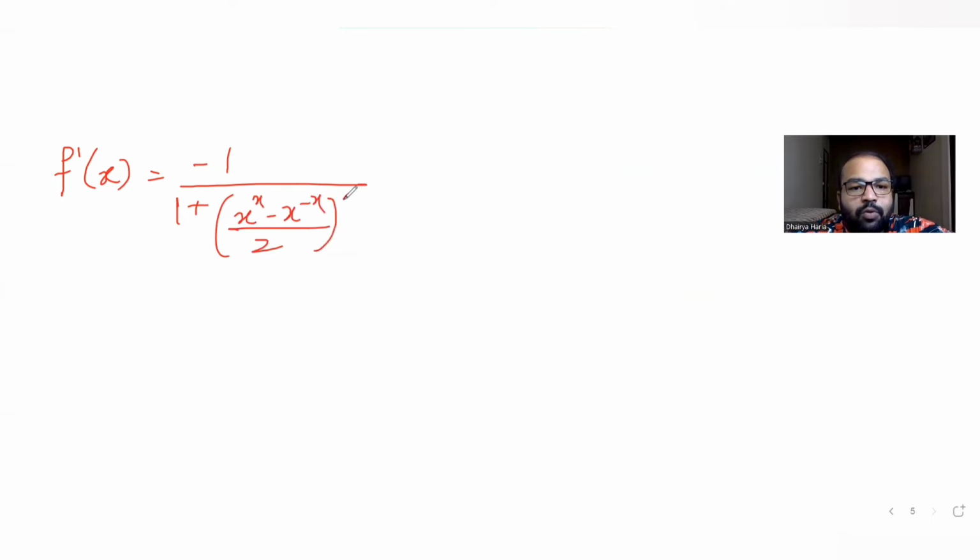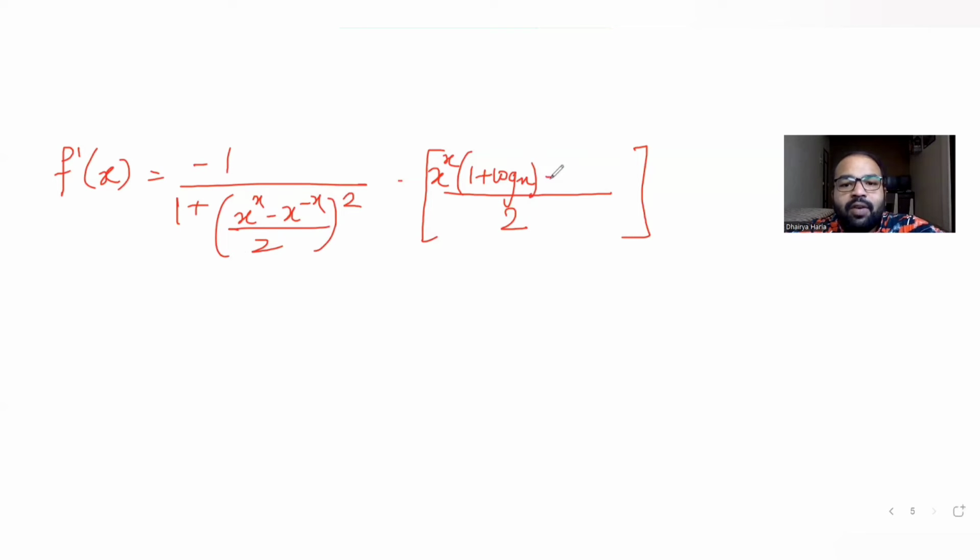That becomes f'(x) equal to -1 upon 1 plus ((x^x - x^(-x))/2) the whole square, and further the derivative of x^x, that came out as x^x into (1 plus log x), minus the derivative of x^(-x), that came out as minus x^(-x) into (1 plus log x). So this was our entire idea that came out.